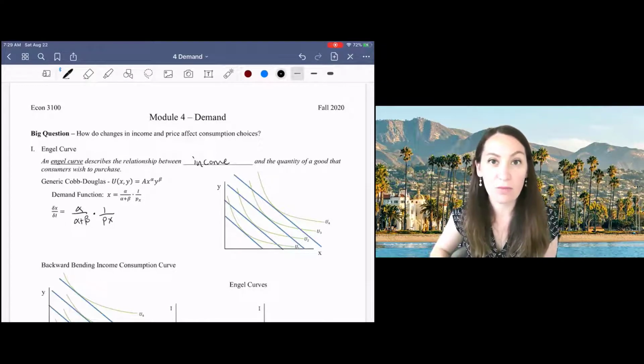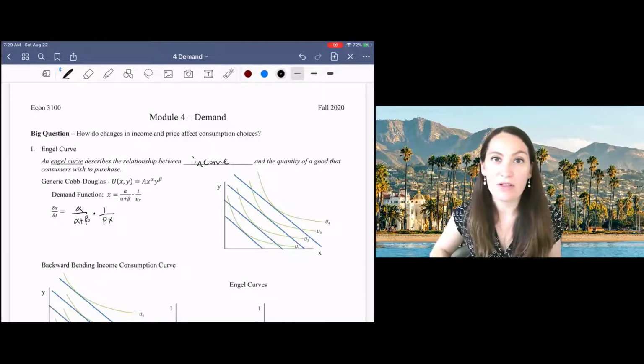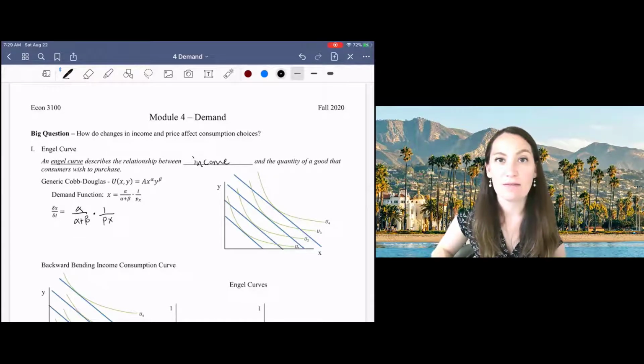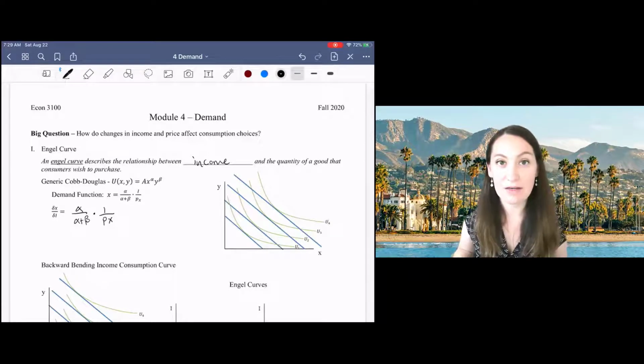Okay, so what does that tell me? It tells me how consumption changes when income changes. So for every 1 unit increase in income, this will be the change in consumption. And one thing that's useful is always to check whether or not this is positive or negative. So we know if consumption is either increasing or decreasing with income. So here, my alphas and my betas are always going to be positive. And my price is also going to be positive normally.